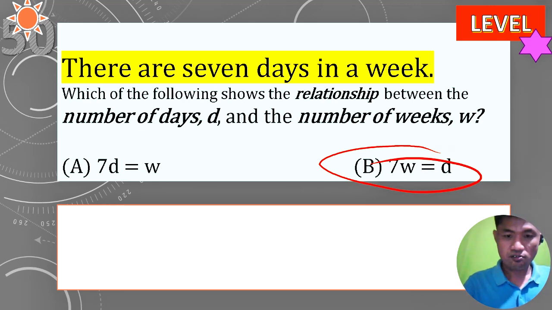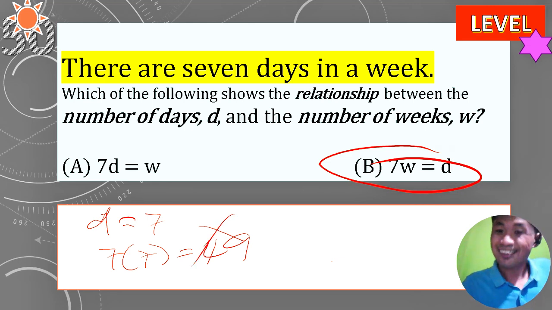What if D was 7? Let's see, what if D equals 7? So 7 times 7 equals 49, which is wrong, right?